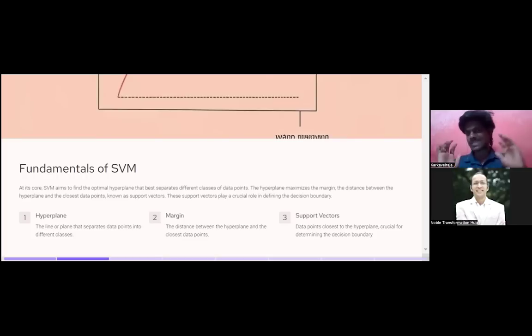Using those points we create one more line on both sides. Those are called the margin. Hope you can understand. A simple way to understand is that whenever you have SVM, it has a hyperplane, and using that, it will separate the data. That's it. Hope it is easy to understand.